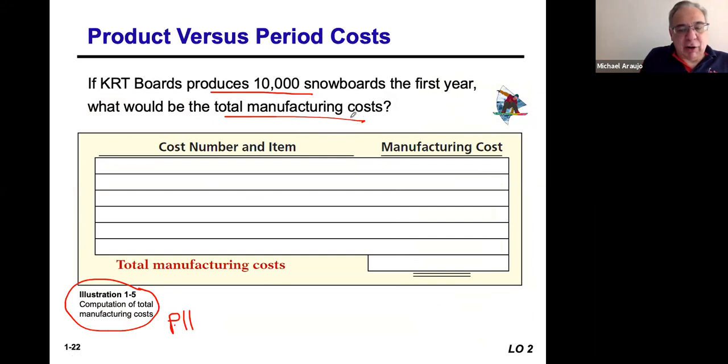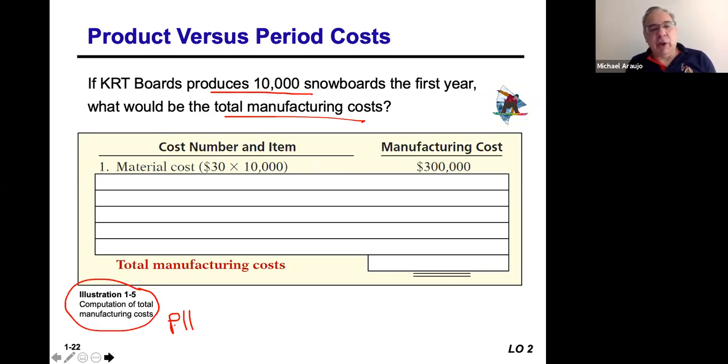Manufacturing costs are going to be your period costs plus your product costs put together. So first of all, you know that the material cost is 30 bucks a board, and you're going to make 10,000 boards. So the cost of the materials themselves is $300,000.